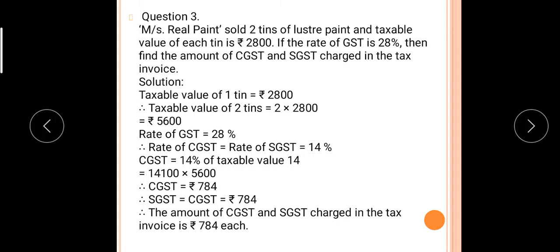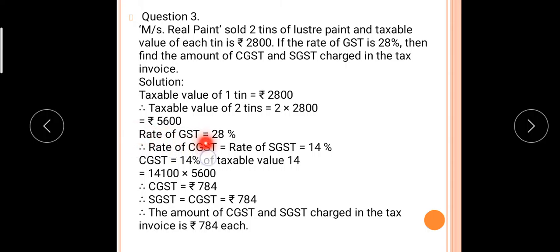Very simple question. Always remember, whenever word problems are there, firstly write the given things. Taxable value of 1 tin is 2800. Taxable value of 2 tins is, obviously quantity is 2, therefore multiply with the taxable value, you will get the total value. Total taxable value is 5600.